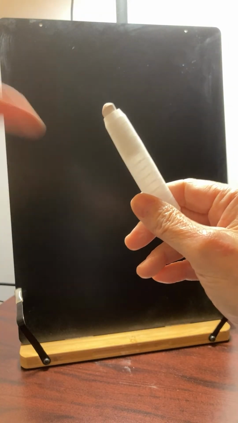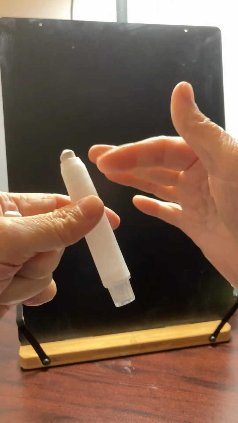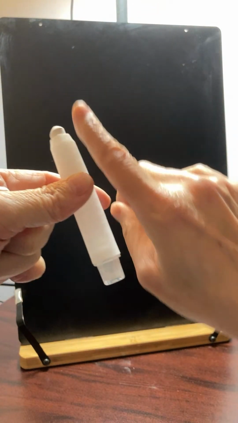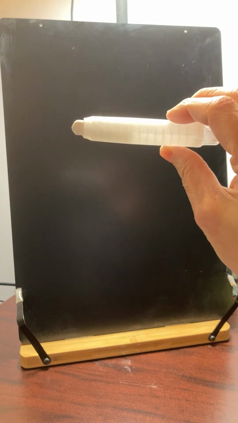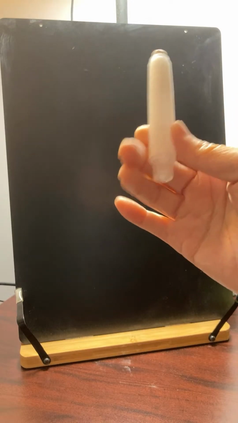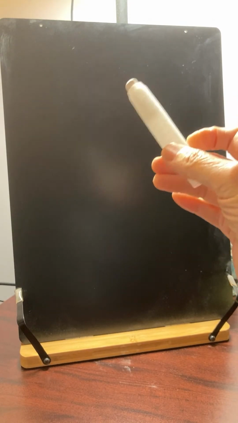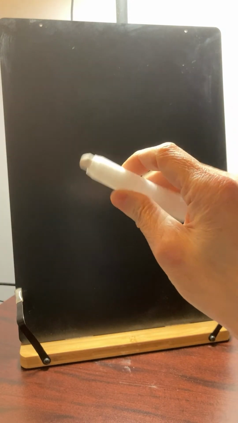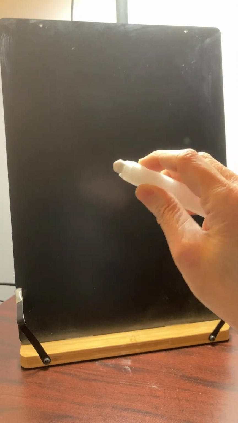You can adjust the length of the chalk with this chalk holder. This will help me to hold the chalk better, and it protects the chalk from breaking. So you make it strong.